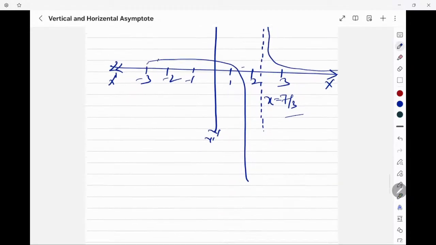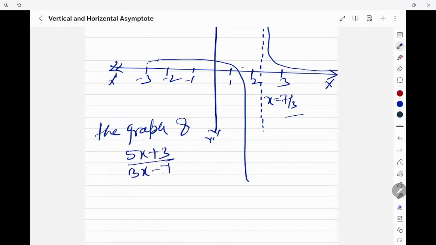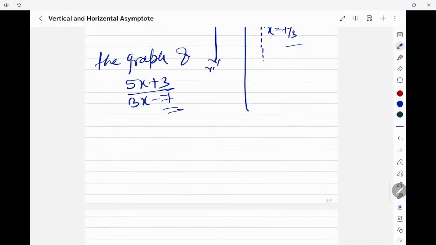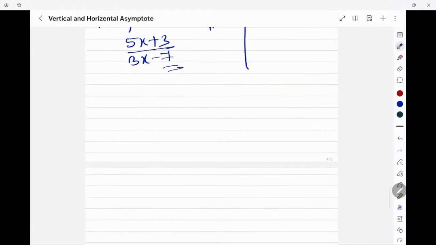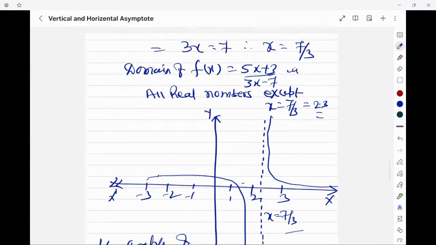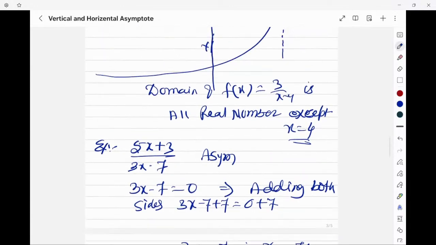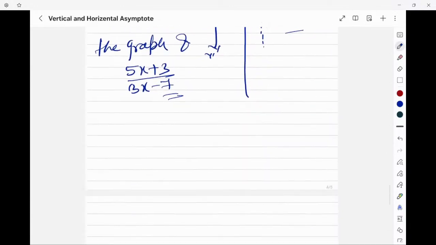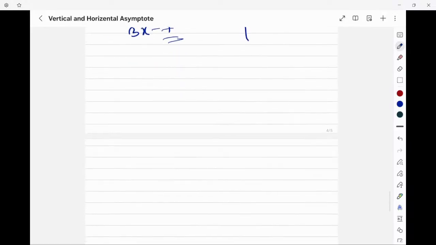This is the graph of 5x plus 3 over 3x minus 7. Okay, this is the graph. Now I have discussed this example and the rules for the vertical asymptote.